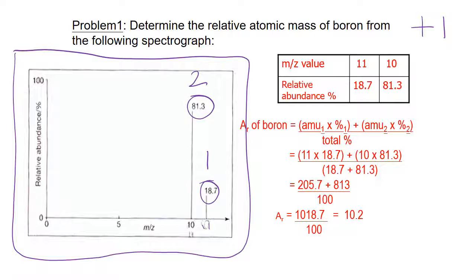Then the relative atomic mass of boron is going to be the atomic mass unit of 1, which is 11, times its percentage abundance, 18.7, plus the atomic mass unit of 2, which is 10, times its percentage abundance, which is 81.3, divided by the total, which is 100. So plugging those numbers in, we get 205.7 plus 813, which is 1018.7, divided by 100, which is 10.2, which is going to be your answer.